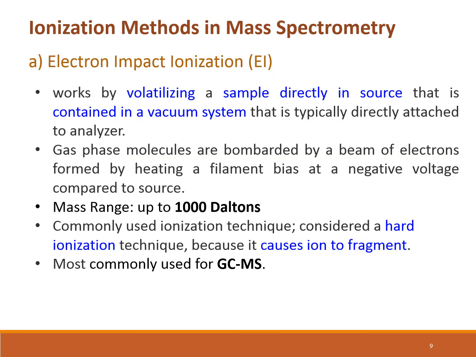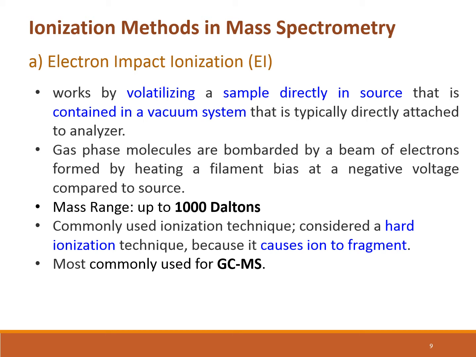We will start with the first ionization method, which is electron impact ionization. It works by volatilizing a sample directly in the source, which is contained in a vacuum system that is typically directly attached to an analyzer. Gas phase molecules are bombarded by a beam of electrons formed by heating a filament biased at a negative voltage compared to the source.